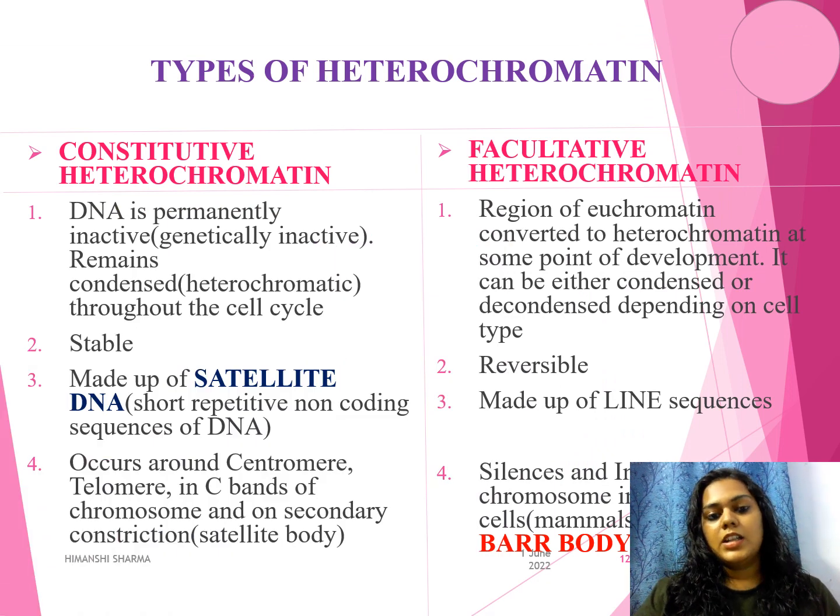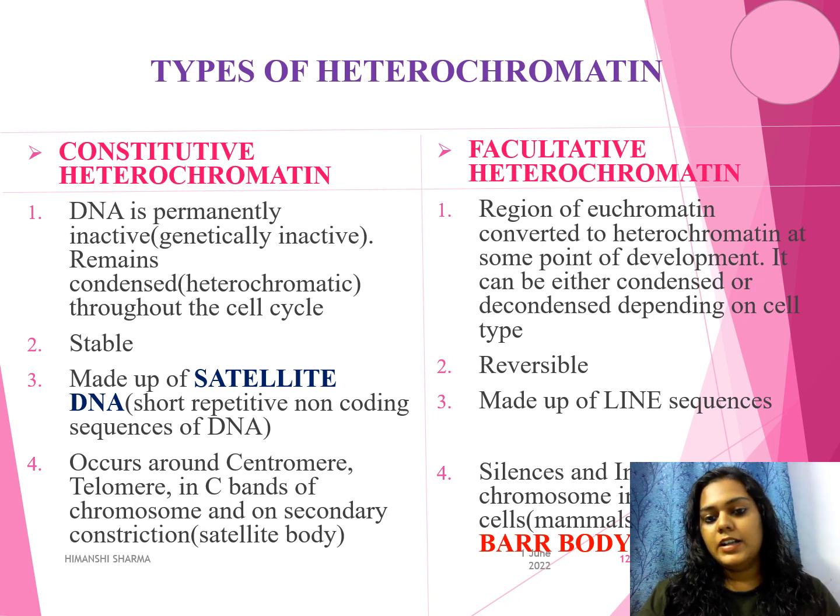Now we are discussing the types of heterochromatin. Basically there are two types of heterochromatin, constitutive and facultative. In constitutive heterochromatin, DNA is permanently inactive, that is, it doesn't participate in the cell cycle process.